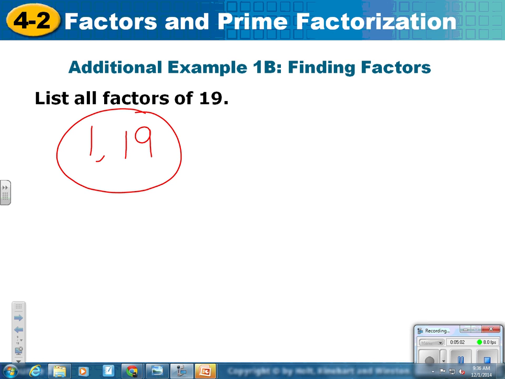Once we've gone past the number 2, any number that's even is definitely not prime, because you can always divide it by 2, right? 4 you can divide by 2, 6 you can divide by 2, 8 you can divide by 2, 10 you can divide by 2. So any even number, now that we're beyond this, is definitely not prime.